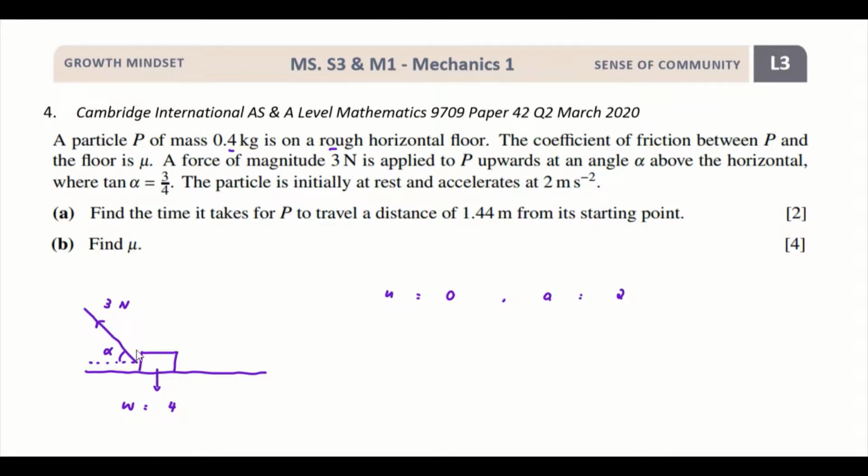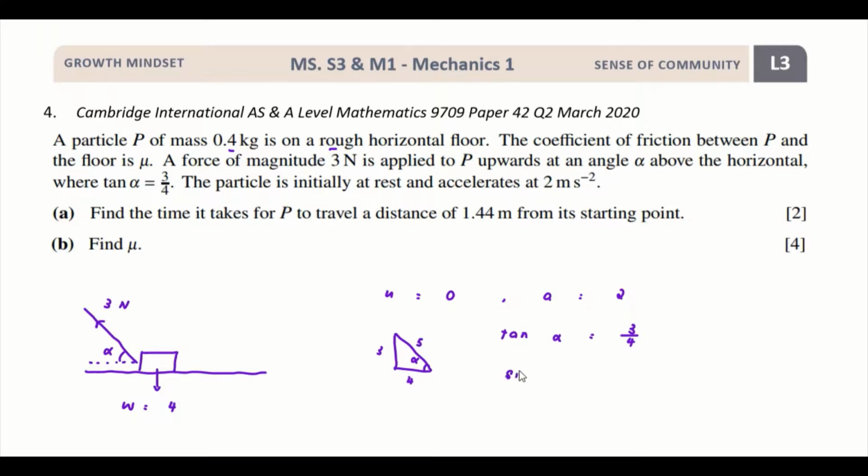The question tells us that tangent alpha is 3/4, so maybe you can try to find out the others as well. If this is my triangle, and this is alpha, then tangent alpha is 3/4, which means opposite over adjacent, so the hypotenuse is 5.